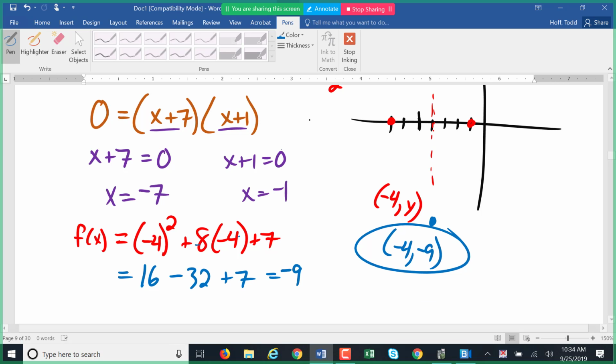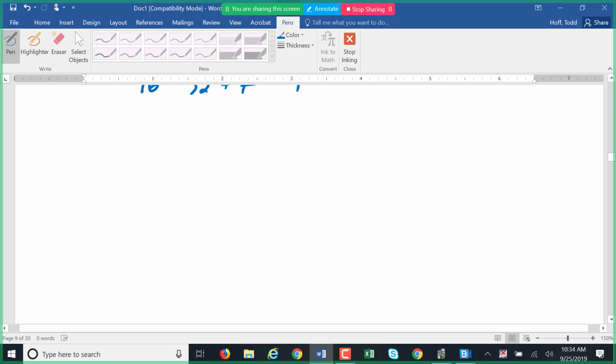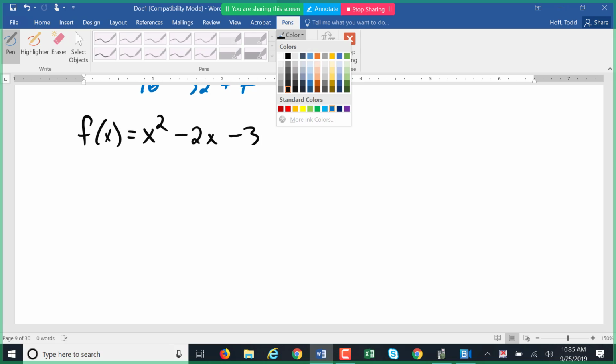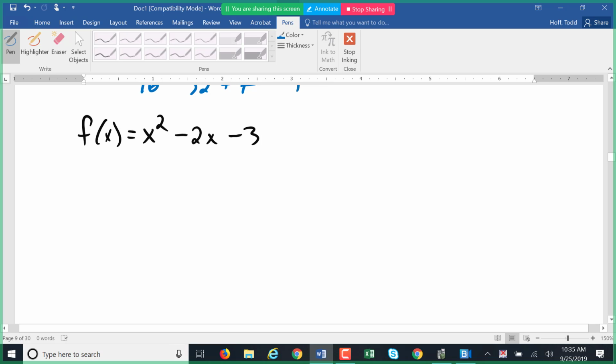So if we want to graph one of these parabolas, let's take a peek. Let's do f of x equals x squared minus 2x minus 3. We could go ahead and find the vertex using that completing the square method.